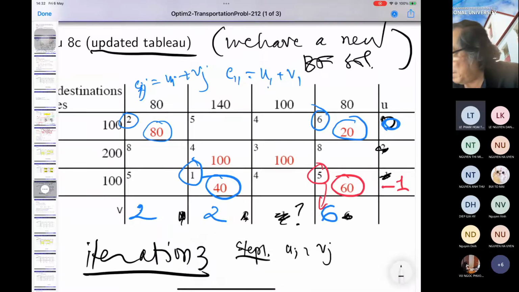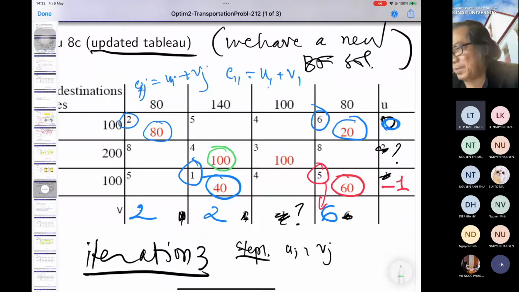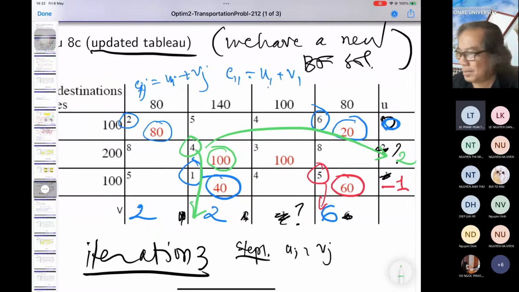Now which cell should we come to? We have something here, we have something here. We should come to this, and then 4 equals 2 plus something here. So this should be 2. Is that okay?